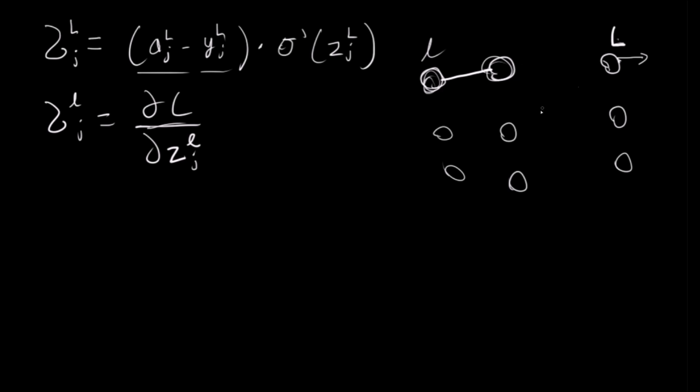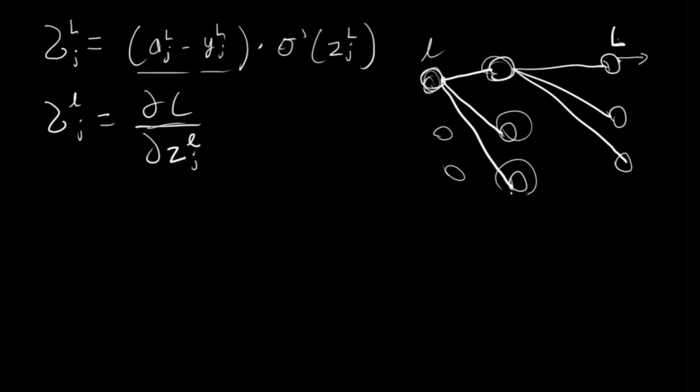Sure, it only affects this one, but then it's going to affect all the ones down the line and all the ones that those connect to, and it just gets very messy. So how are we going to fix this? Well, okay, actually, sorry, I misspoke a little bit. It actually affects all of these. And then down the line, those affect those, and so on. Whatever. The point is still the same.